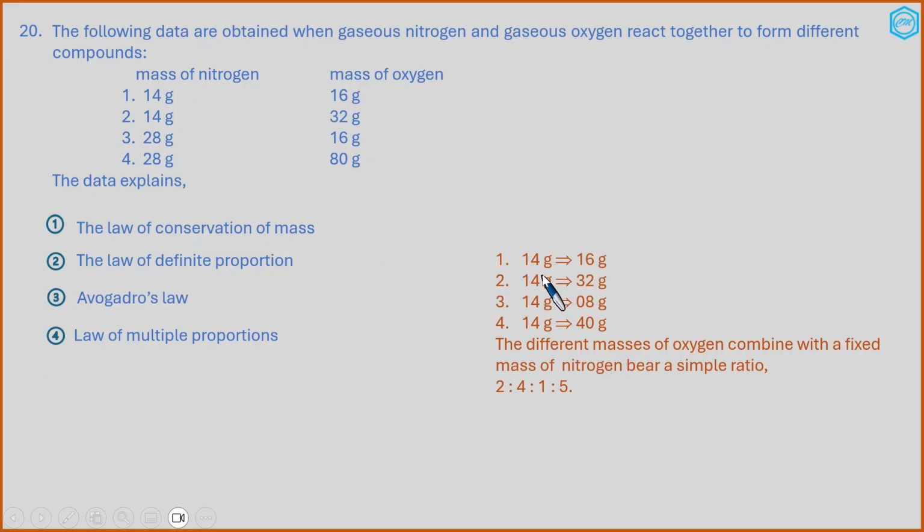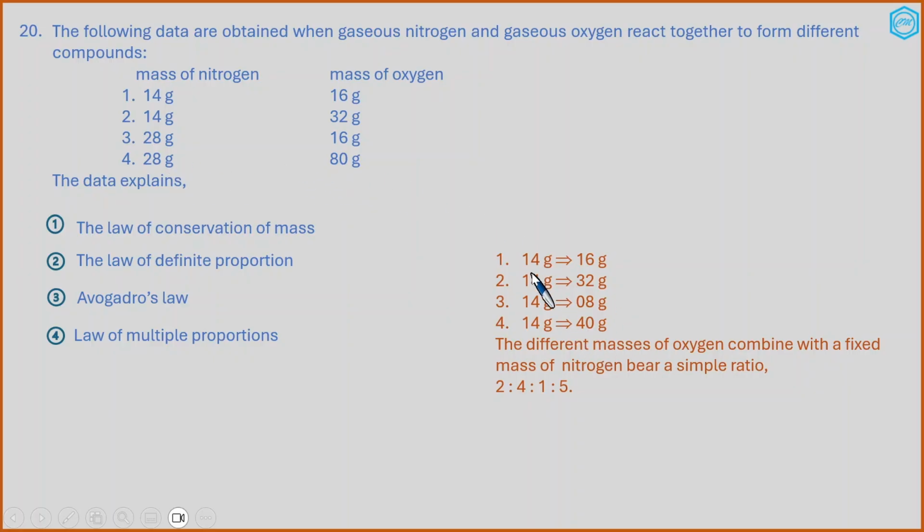Now let us consider the first one: 14 gram combines with 16 gram. Second one, 14 gram combines with 32 gram. In the case of the third one, 28 gram combines with 16, or we can say that 14 gram combines with 8 gram. And the last one, 28 gram, so we can write it as 14 gram combines with 40 gram.